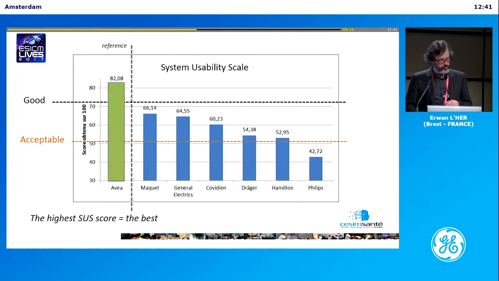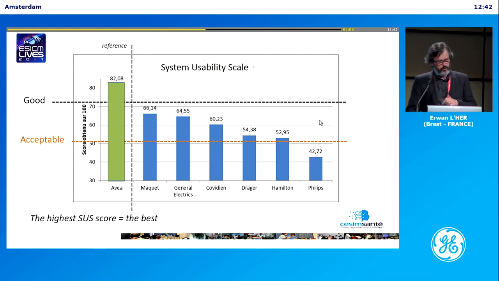Afterwards, we went to the psychocognitive scale. Here is the evaluation of the usability of the devices. Our reference device had the highest value, much more than the gold standard of 68, which is considered to be a good device. This may also mean that the experience of the physician has a huge impact on the usability of the device.